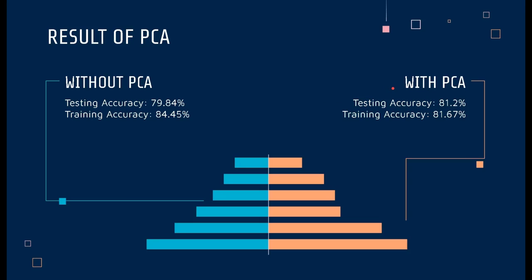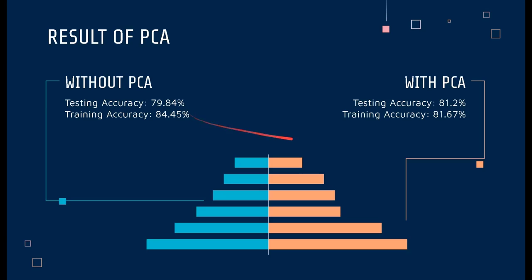And if we train the model with only those 4 selected features, we achieve a testing accuracy of 81.2% and training accuracy of 81.67%. So we can see the performance is slightly increased by 1% to 2% compared to using all the features, without performing PCA.